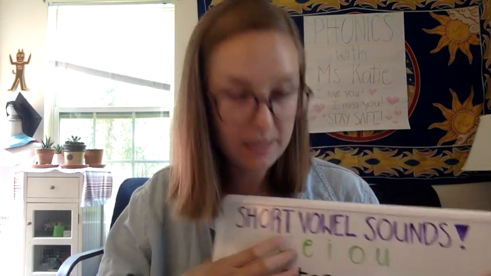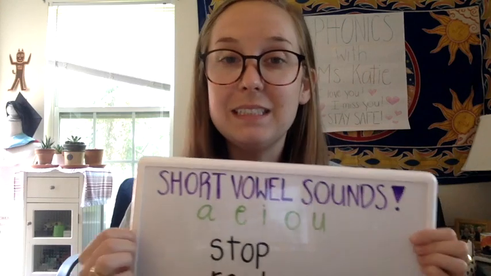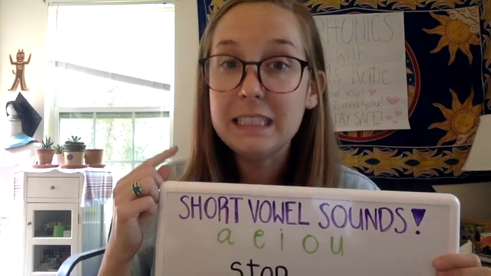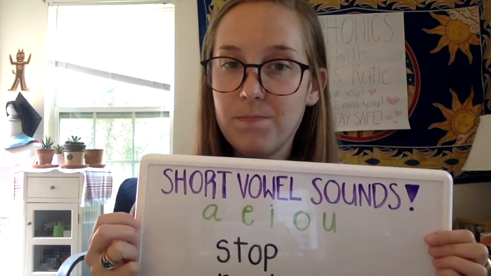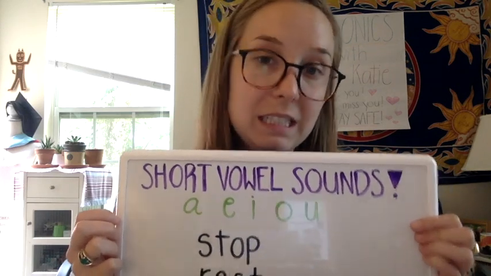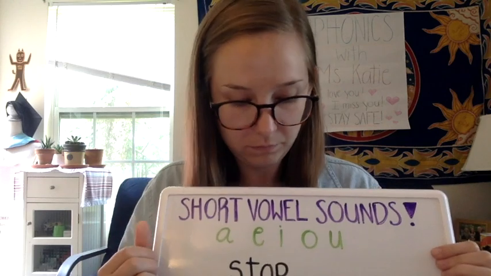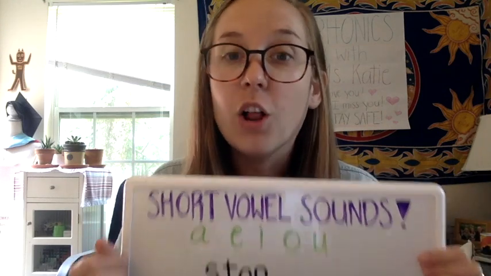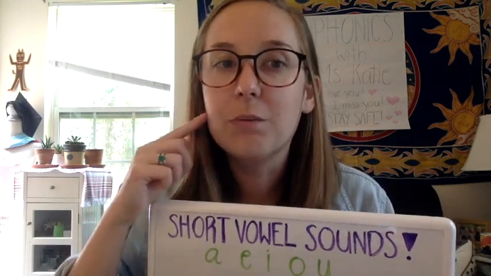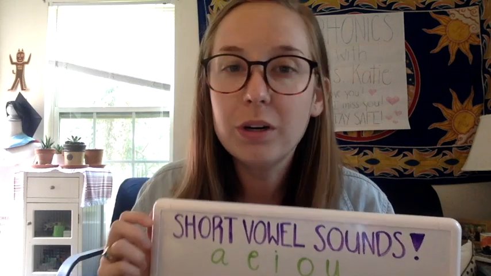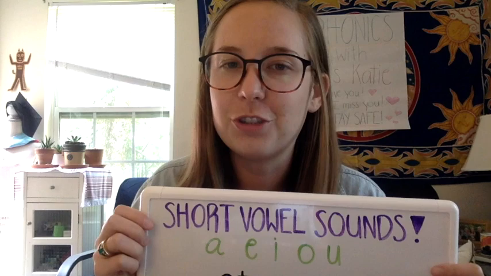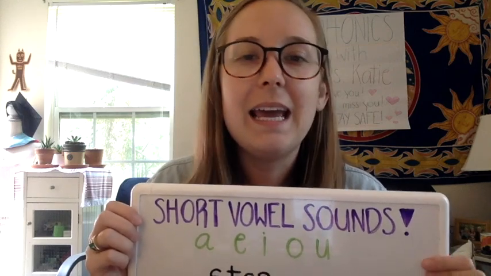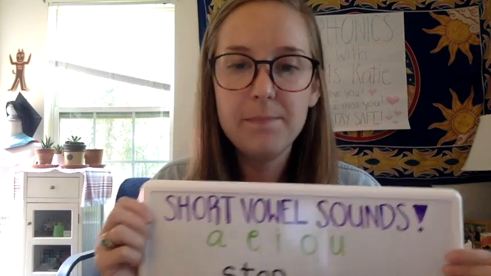So E is the same way. E can either say its name, it can sound like E, or it can sound like eh. And the same thing with I. A long I will say its name, but a short I will say ih. It sounds a little like E, so it's tricky, but it's not saying its name, okay?